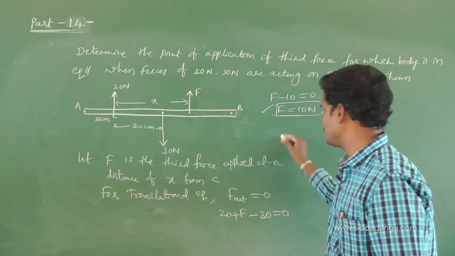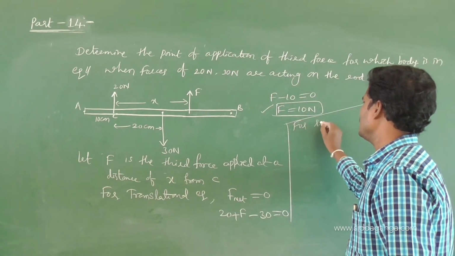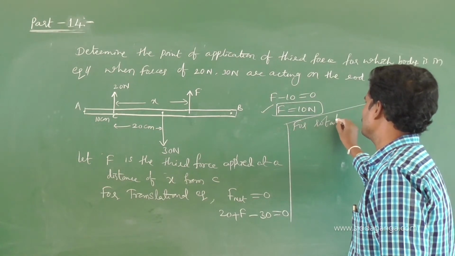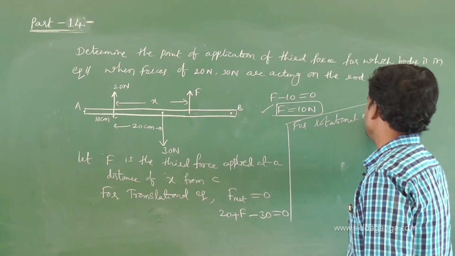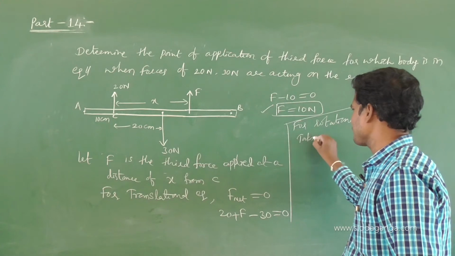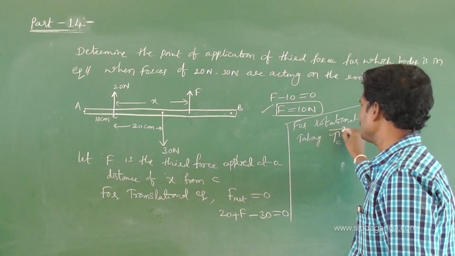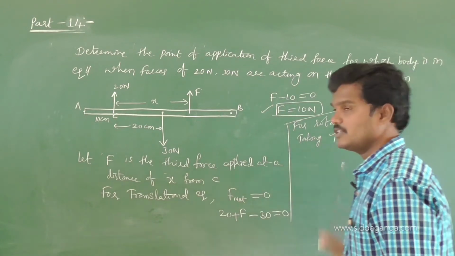First listen, then you write down. For rotational equilibrium, I am taking torque about C is equal to 0. Only numbers I am writing.